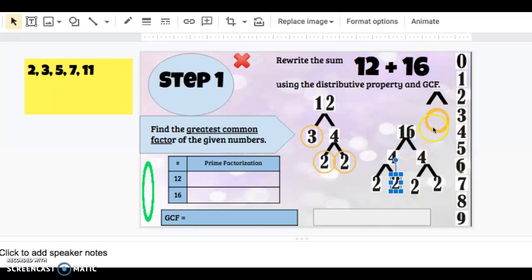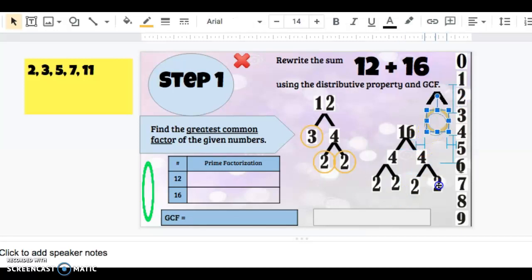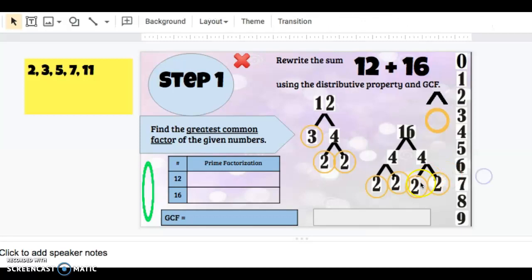And I got to circle my 2's because those are my prime numbers. So circle, circle, circle, circle. And let's fix this circle. Make sure it's on 2.